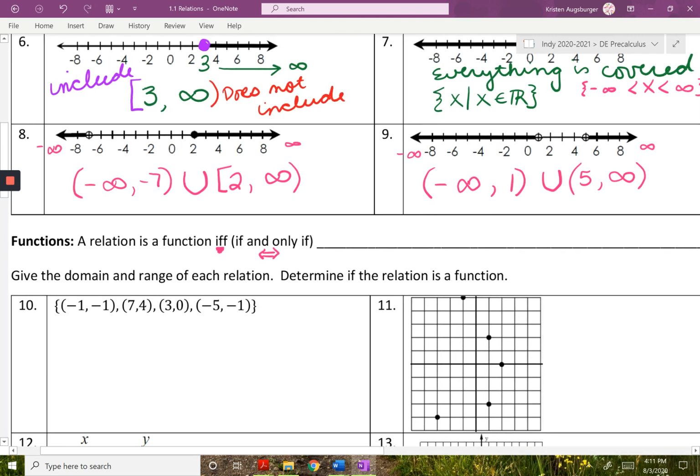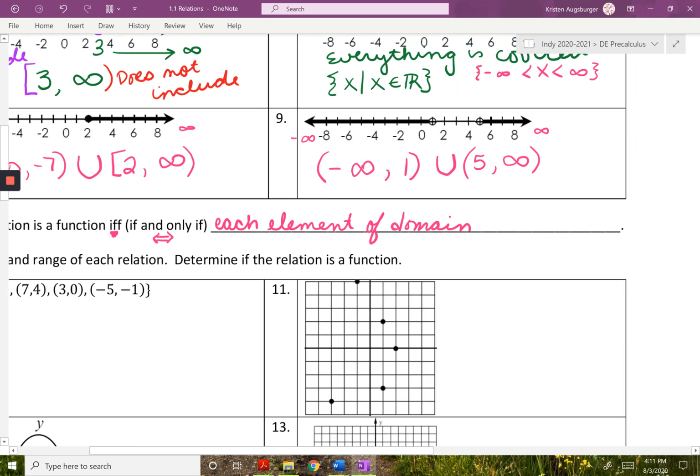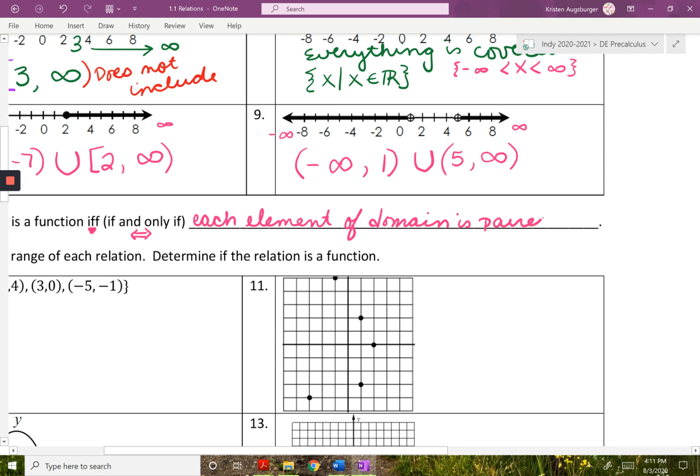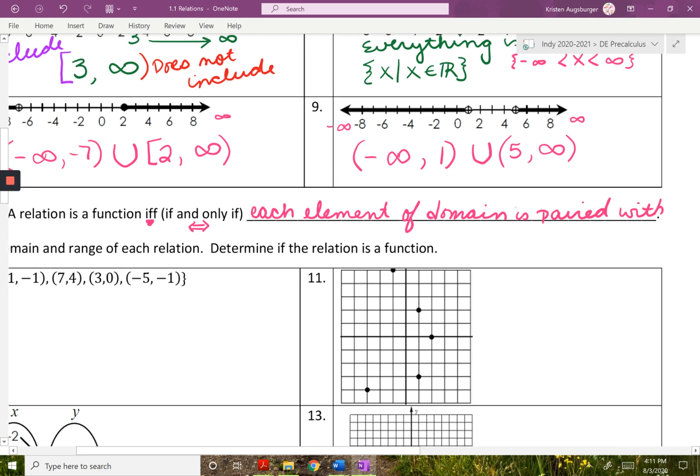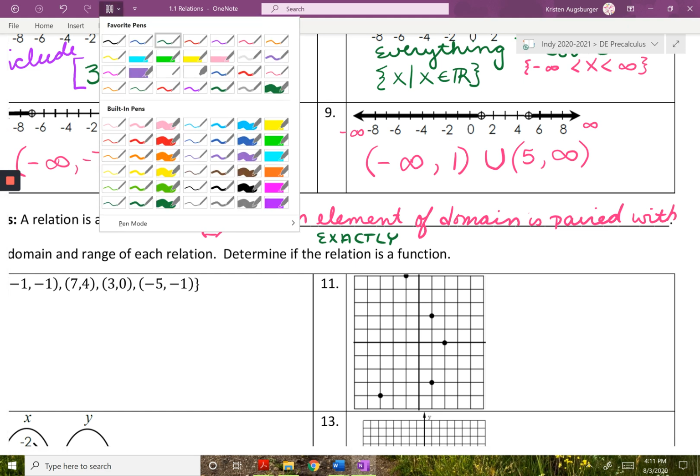A relation is a function if and only if each element of the domain is paired with, and this is the key word here, this is very important, exactly one element.